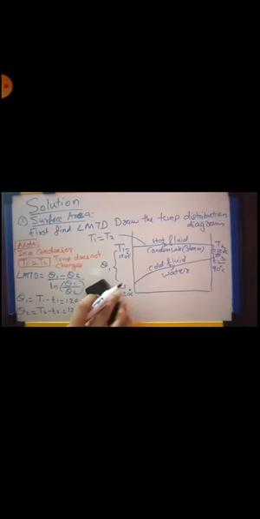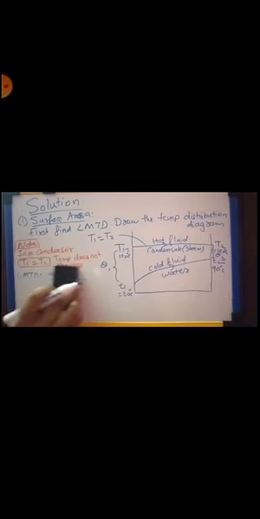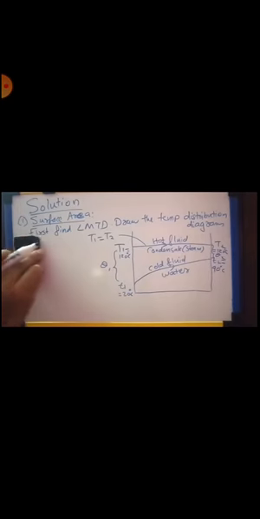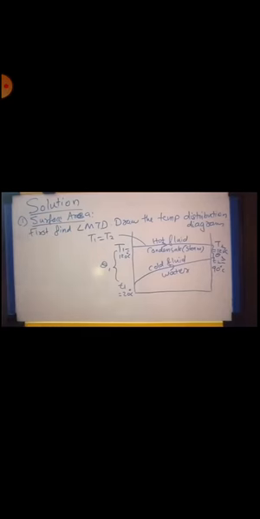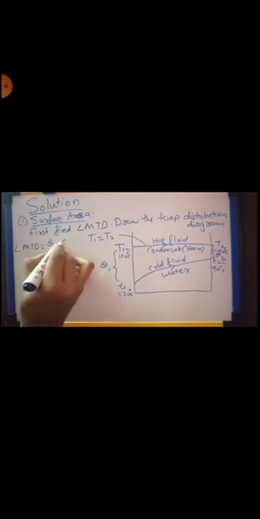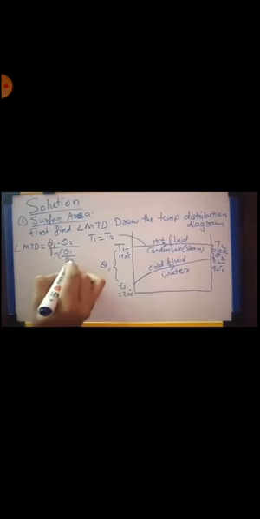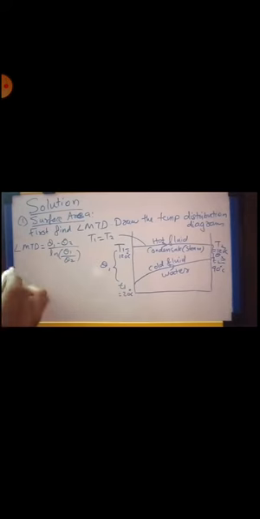The next step is substituting these values in the equation of LMTD. Once again I am writing the equation: LMTD is equal to theta 1 minus theta 2 divided by ln of theta 1 by theta 2. We have already found the values and I am substituting them.